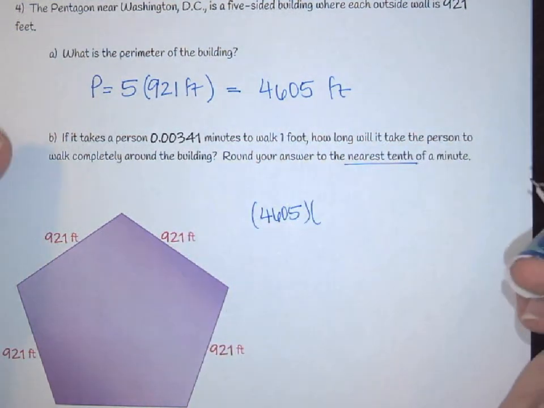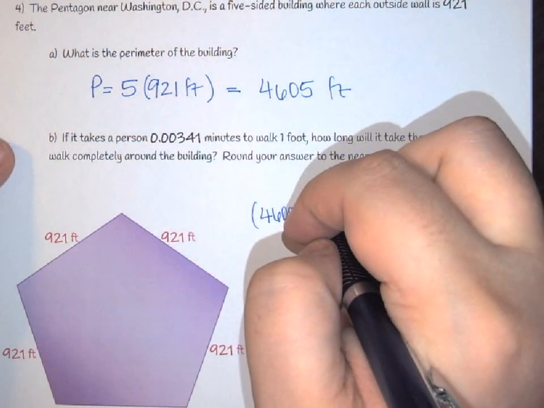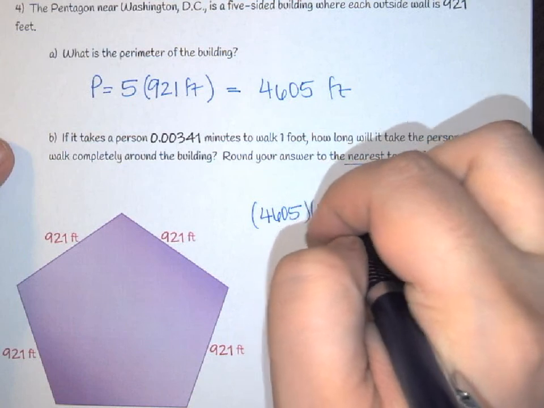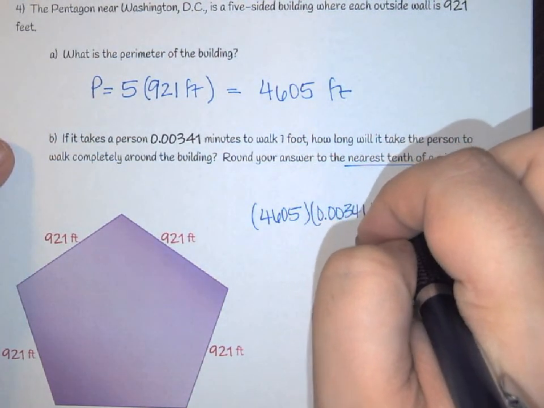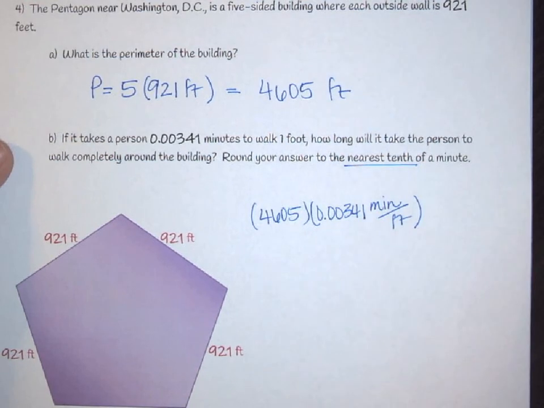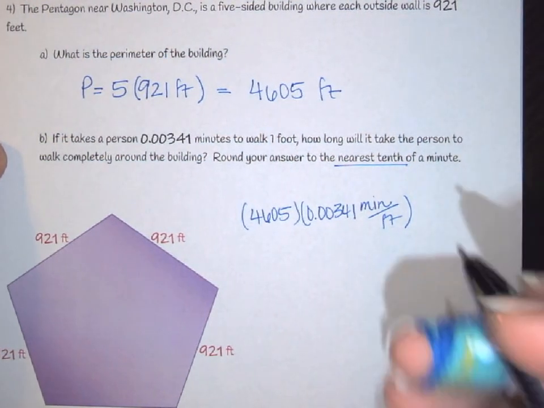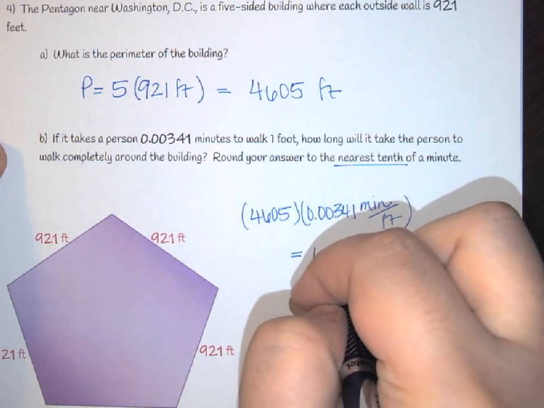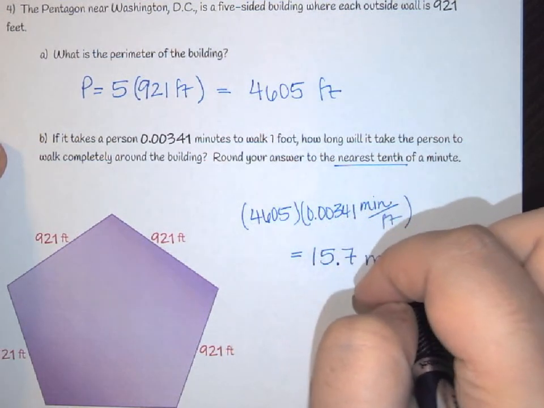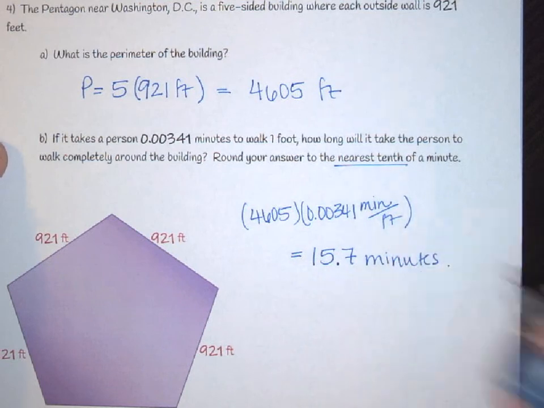You have to multiply that by your walking speed, 0.00341, and this was minutes per foot. So here you're going to come up with 15.7 minutes.